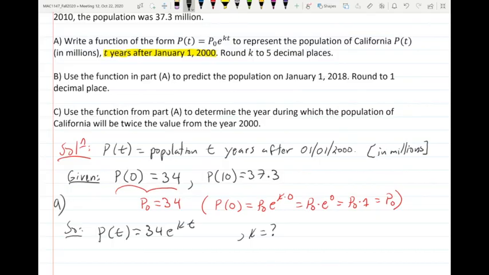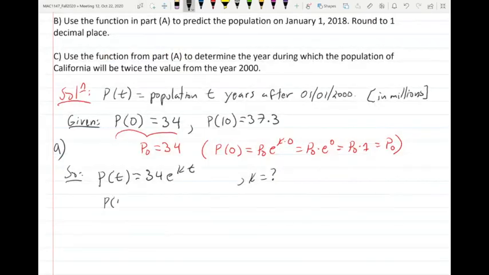So let us try to find k, and for this we're going to use the next point. We know that P of 10 on one hand is going to be equal to 34 e to the 10k. On the other hand, P of 10 equals 37.3. So we have 37.3 equals this quantity, and our job is to solve for k.